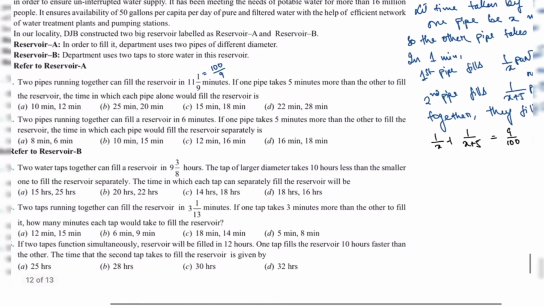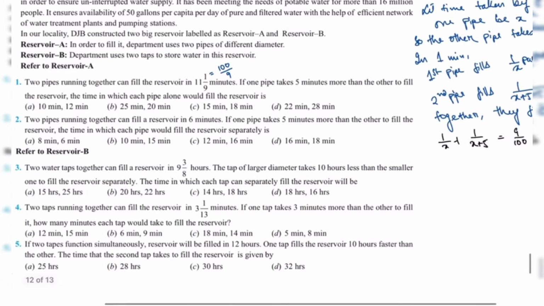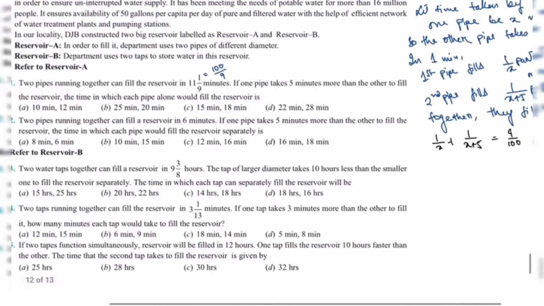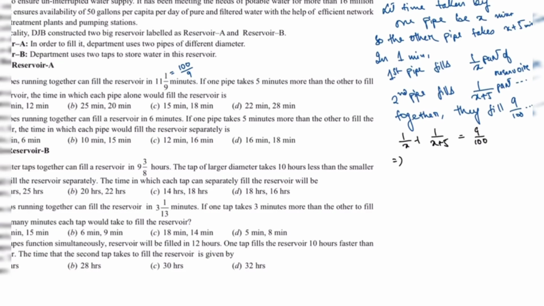Now if we multiply both sides by 100 times x plus 5, then what do we get? 100 times x plus 5 plus 100 times x equals 9 into x plus 5.